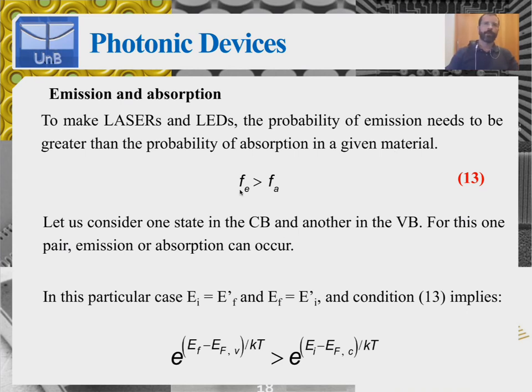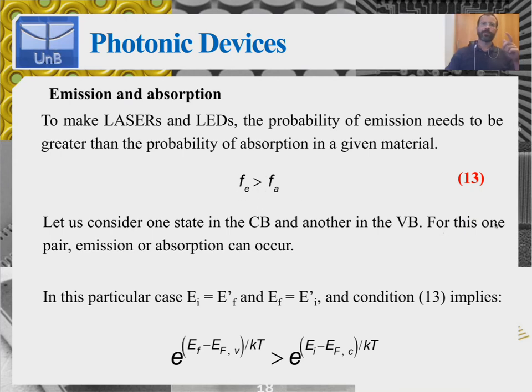So F of E, the probability of transitions that lead to emission, needs to be greater than F of A, the probability of transitions that lead to absorption. And we've just defined these two things. Now let's consider a pair of states, so one state in the conduction band and another in the valence band for both these things.